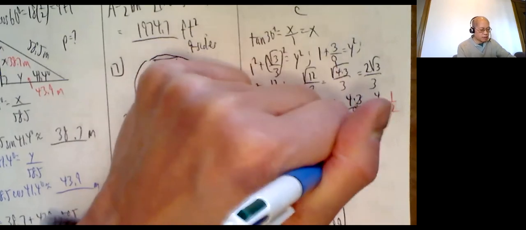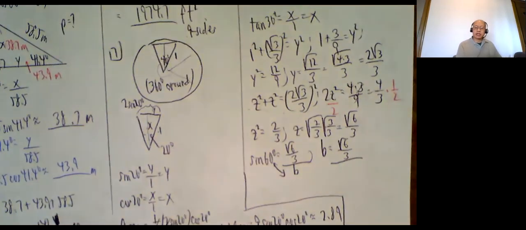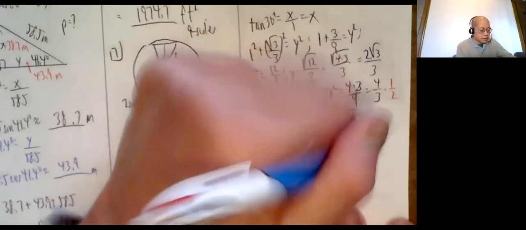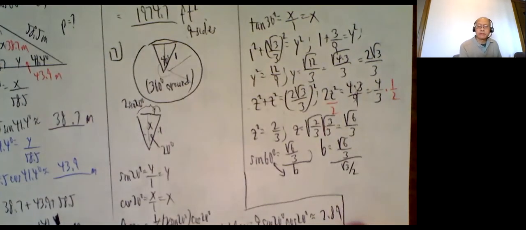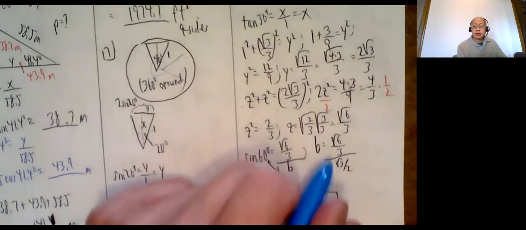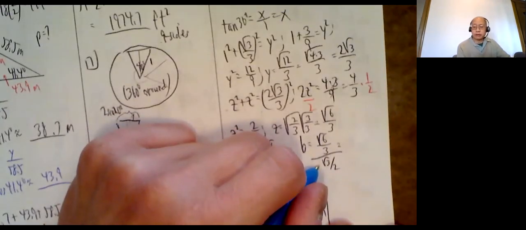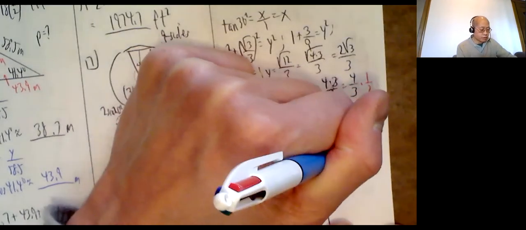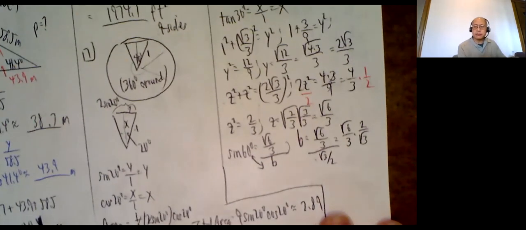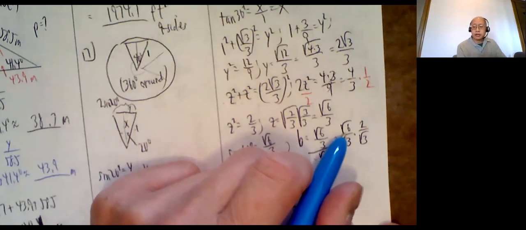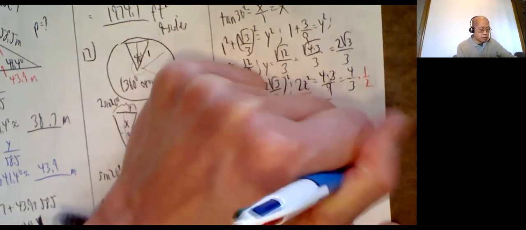B is equal to radical 6 over 3 divided by sine of 60 degrees. Sine of 60 degrees is radical 3 over 2. This looks kind of clumsy. If I divide by a fraction, I multiply by the reciprocal, right? So I'll go radical 6 over 3 times 2 over radical 3. So that's going to be 6 divided by 3 is 2. 2 radical 2 over 3.